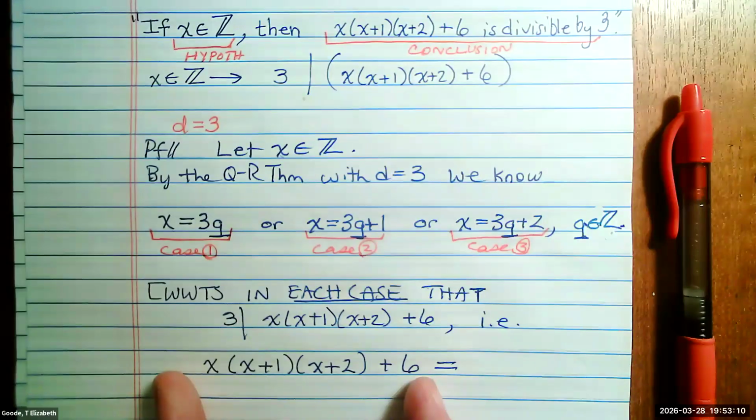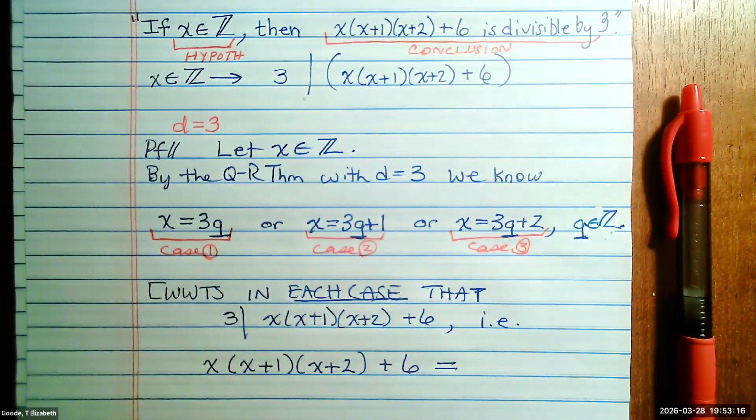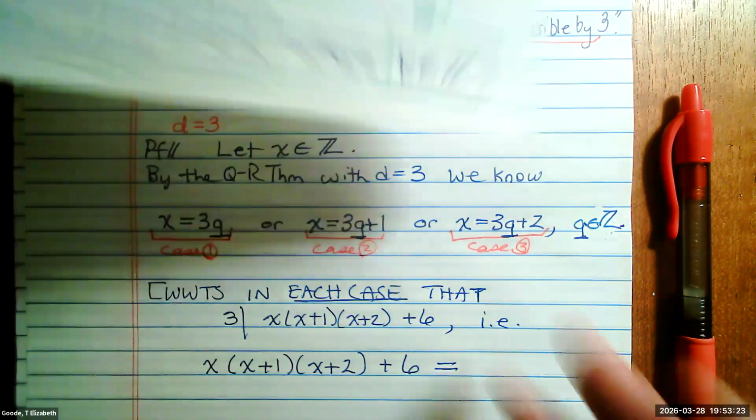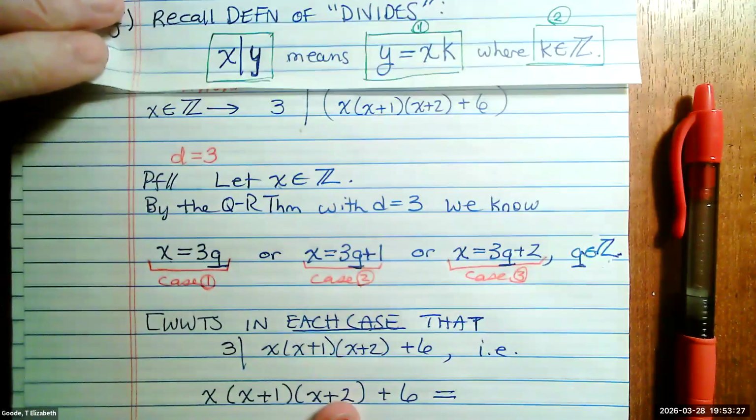Do you want the definition of divides in front of you? It's handy to have the definition of divides. Okay, it means y equals x times k, where k is in Z.